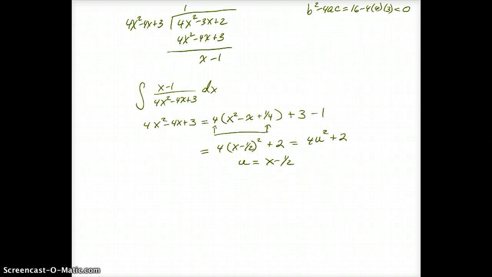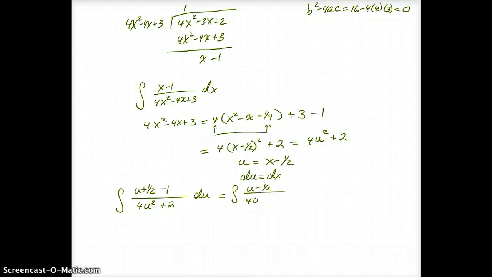And then du would be dx. So if you rewrite this with u's, x is u plus 1/2, so we get (u plus 1/2 minus 1) over (4u squared plus 2) du, and that's (u minus 1/2) over (4u squared plus 2) du.